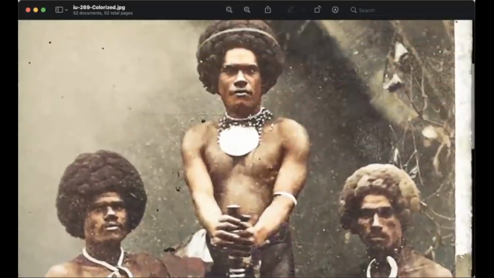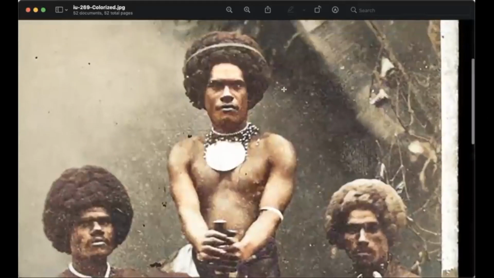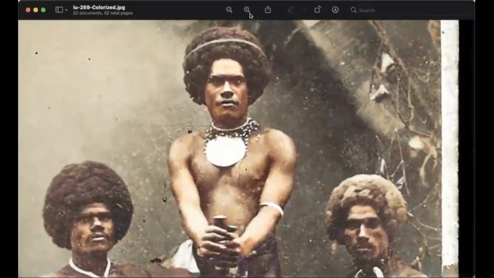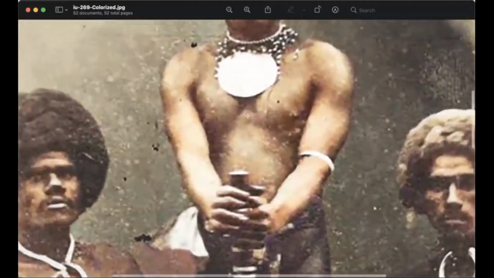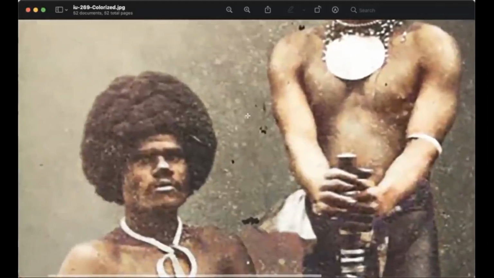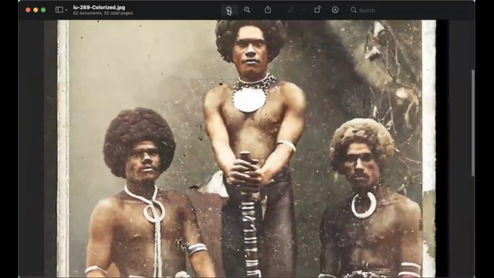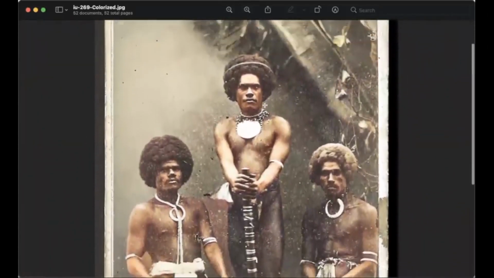Just wanted to show you guys. Look at their afros. The Fijians rocked the afros a lot. All right, as you can see, look at that. Look at that, perfect. It's all nice and round. He keeps it nice and round, all right? You think afros started in the United States? No, it didn't. I'm serious, it didn't.